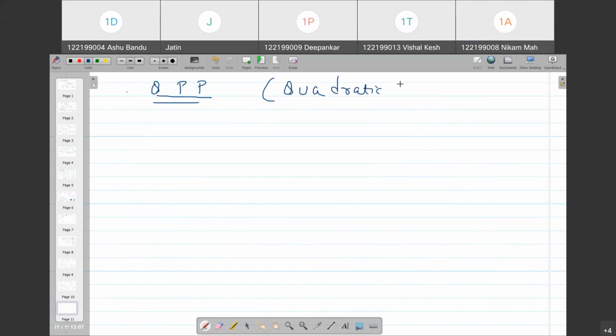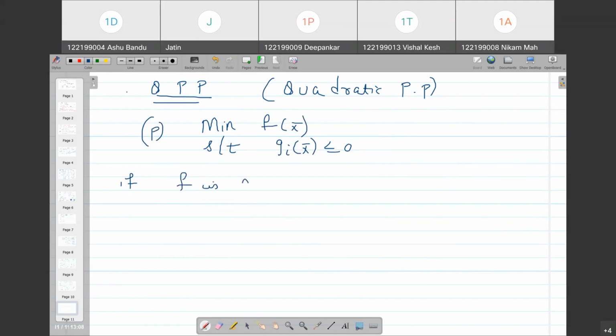Quadratic programming problem. If you have a problem, say minimizing f of x bar subject to the constraints gi's for i equal to 1 to n, I will call this problem P a QPP if your f is quadratic, that means the highest degree is 2, and your gi's are linear.